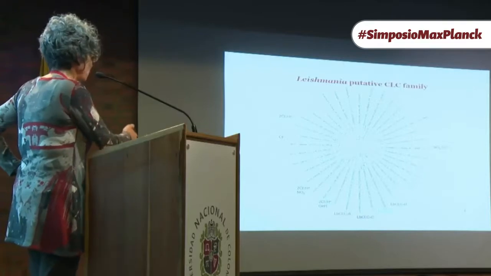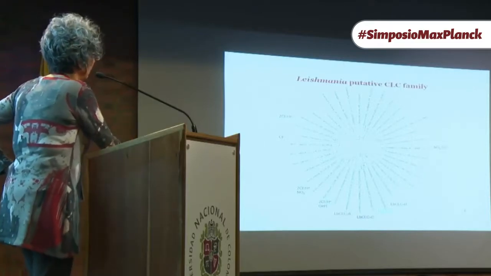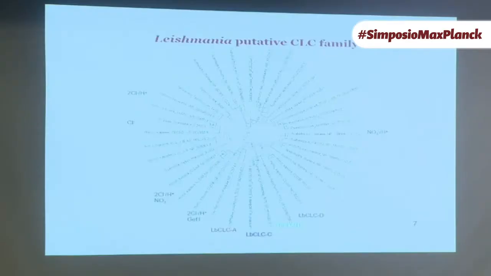When we started studying the CLC family in Leishmania, we found 4 candidates which appear to be exchangers with our bioinformatics studies. And it's interesting because in the mammalian tissues, the channels are expressed on the membrane, whereas the exchangers are expressed always intracellularly.